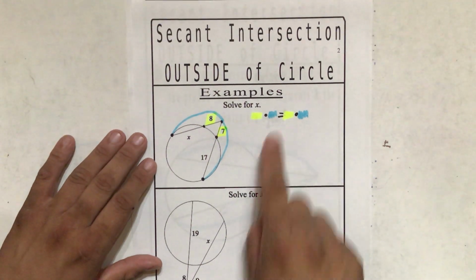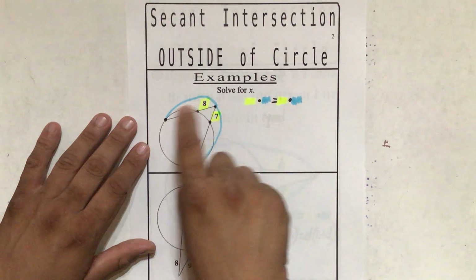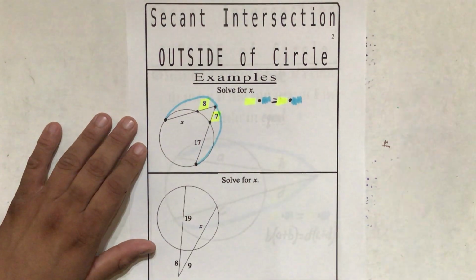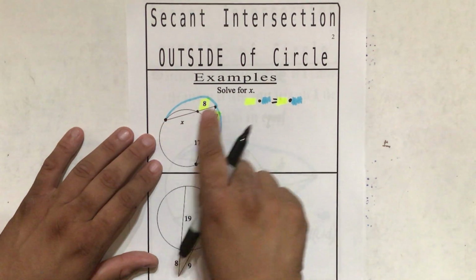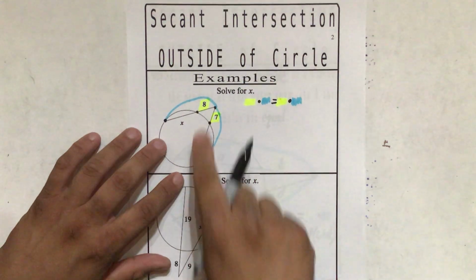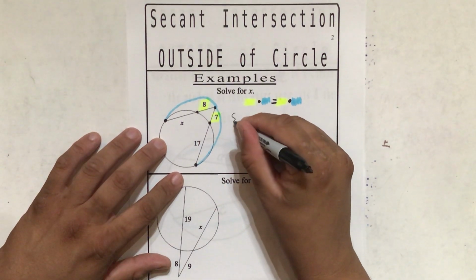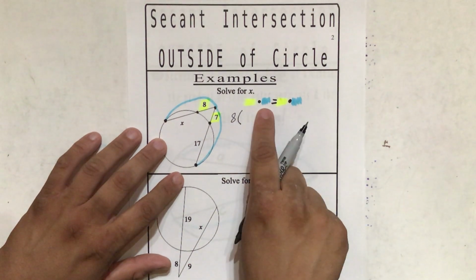So the yellow represents the outside, the part that's outside the circle. And the blue represents the entire secant. So let's take this top secant first. What is the yellow of this top secant here? 8. So we're going to say 8 times, what is the blue?